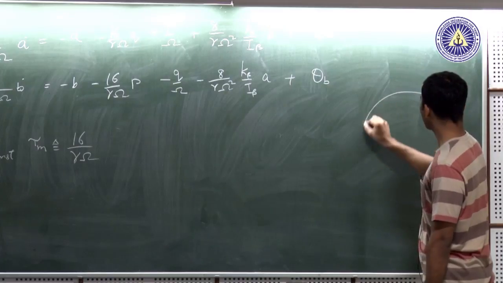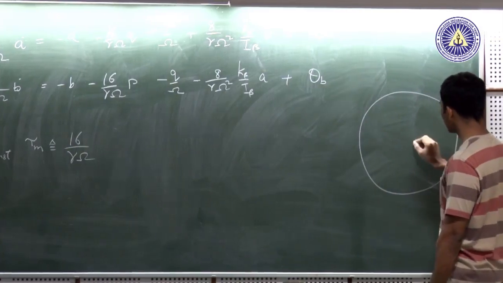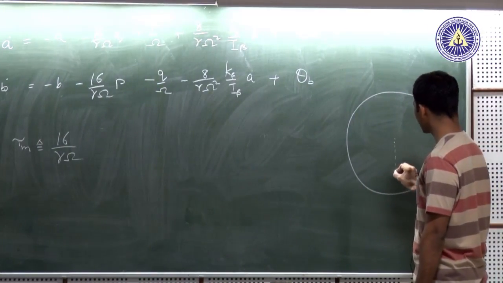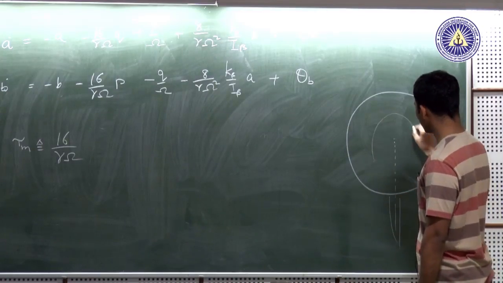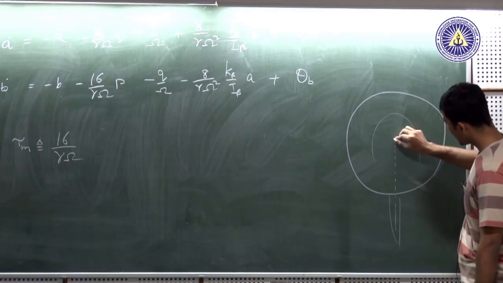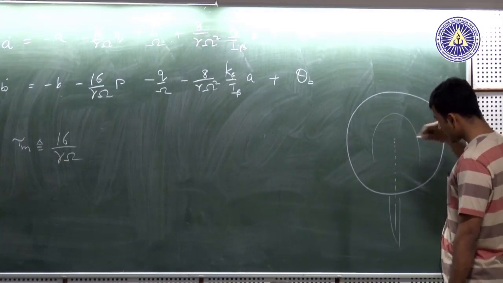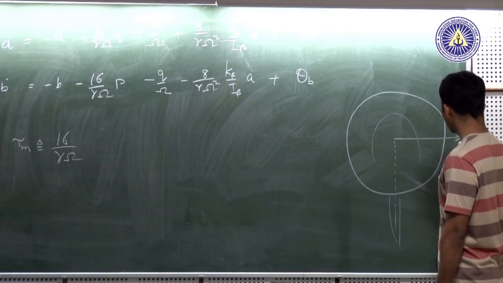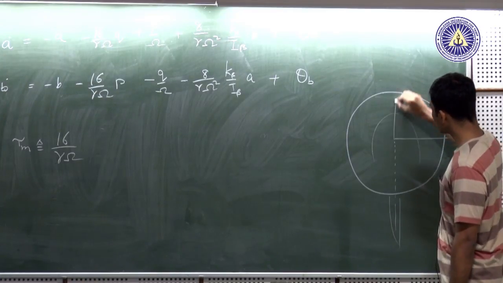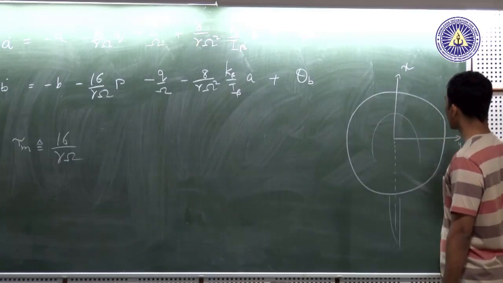So if I have my helicopter, this is my tail direction, fuselage, and so this is my body frame y axis, this is my body frame x axis.